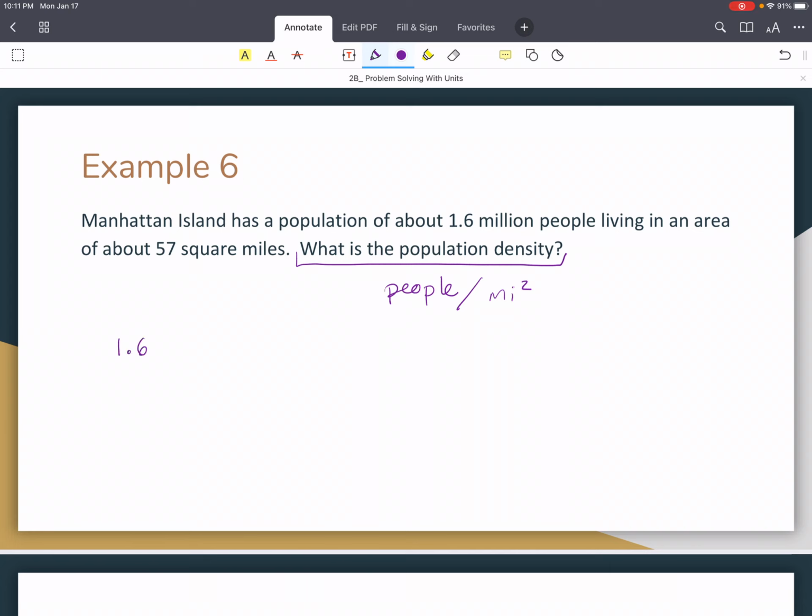So 1.6 million per 57 square miles. I'm just going to put that as miles squared. That means we'll just divide them.